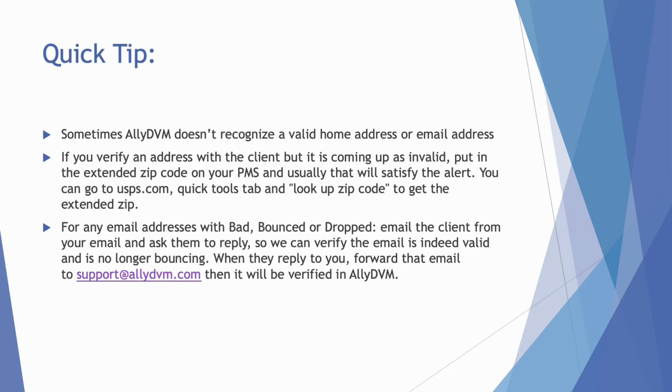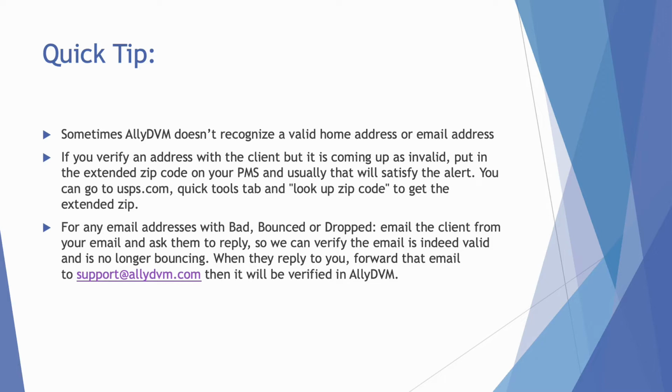So I mentioned before that sometimes AllyDVM does not recognize a valid home address or email address. This can be very frustrating, especially if you have clients that come in very frequently and you continue asking every single time and they continue to say, I told you last time that was correct. So it can be very frustrating on both parts.